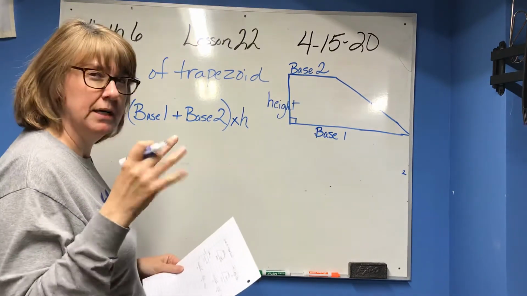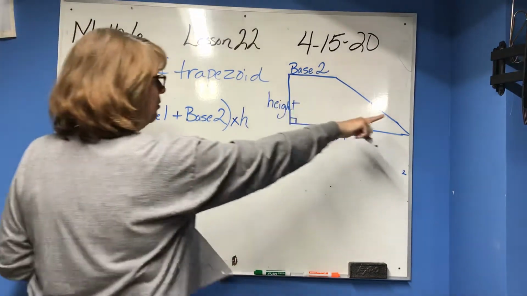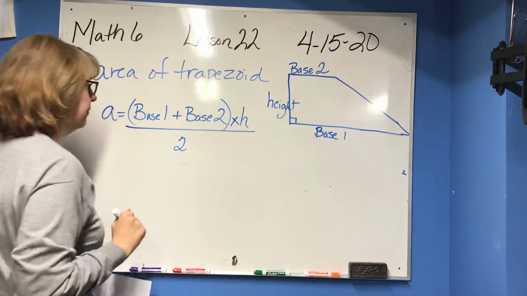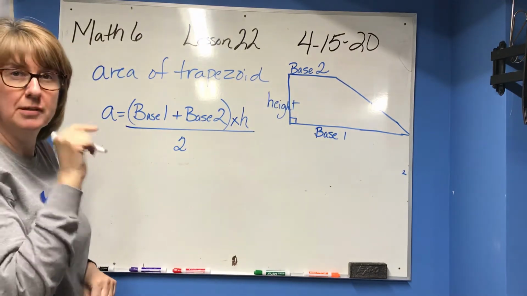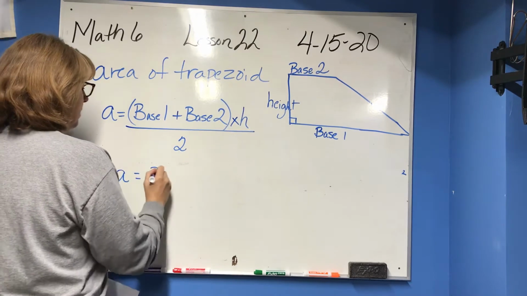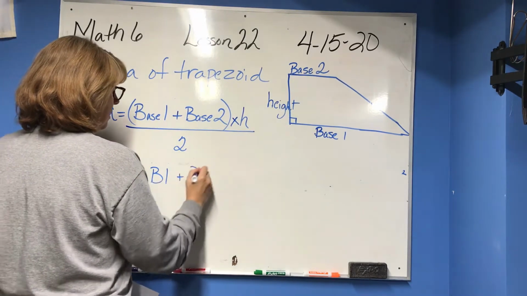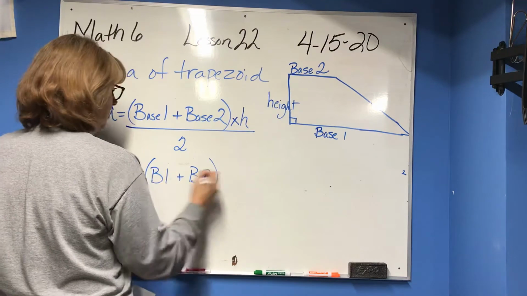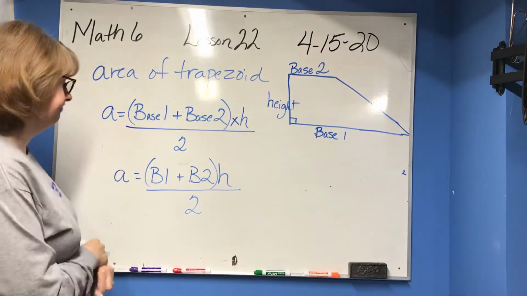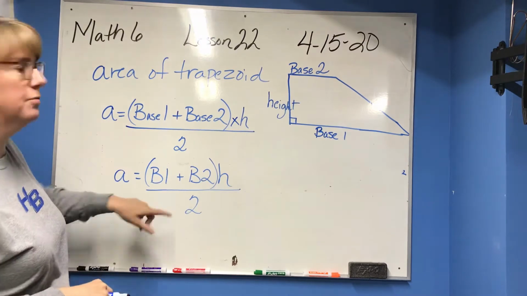And then this is where it's kind of like the triangle. Remember, we have a triangle hiding on here. We're going to divide everything by 2. Now, to make this look a little easier to write, you can also write it this way. Area equals B1 plus B2 times the height divided by 2. Okay, that's the shorter way to write this.